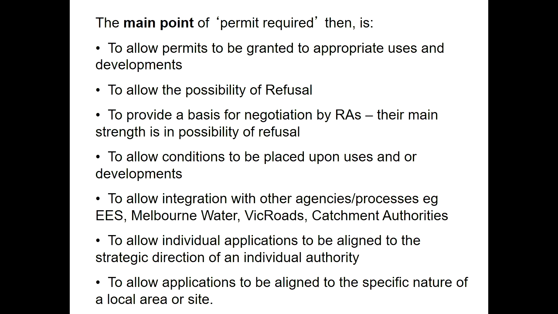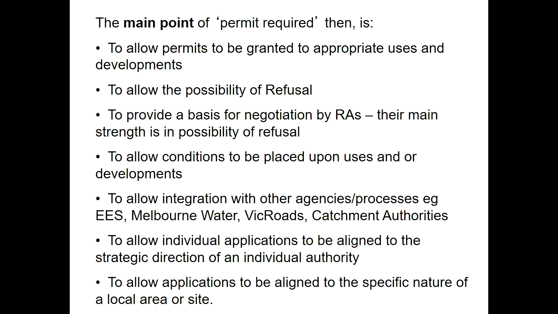So I might be trying to build on the edge of a busy freeway and have a new entrance coming in and out. It gets sent off to VicRoads and they say, we disagree with that. We don't want a new entrance and exit on this busy road because cars going in and out will be dangerous and will slow the main road down. So they can impose a condition on a permit. It's one example of an attempt to coordinate.